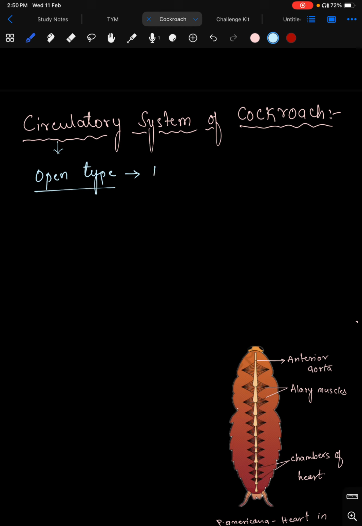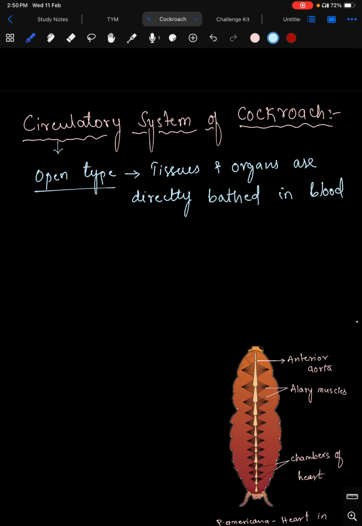So here the tissues and organs are directly bathed in blood pumped by the heart. Whatever blood is pumped by the heart, the larger blood vessels release it inside the body cavity or the hemocoel.